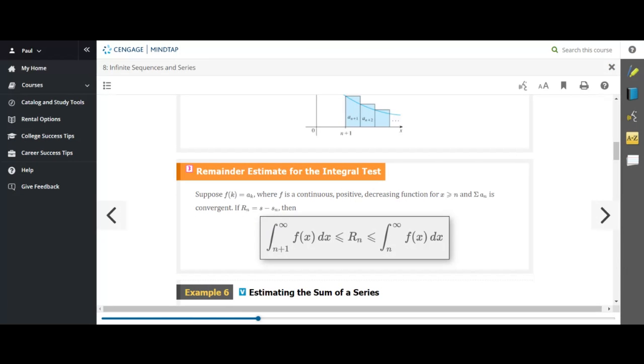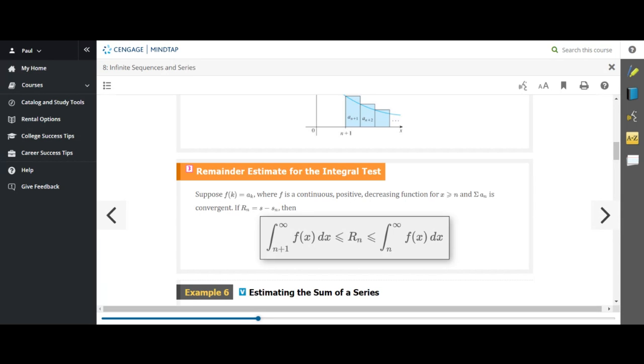And we want to be able to get an idea of what the error, or remainder estimate, is for this finite sum. I want to be careful here. I'm not saying this right.